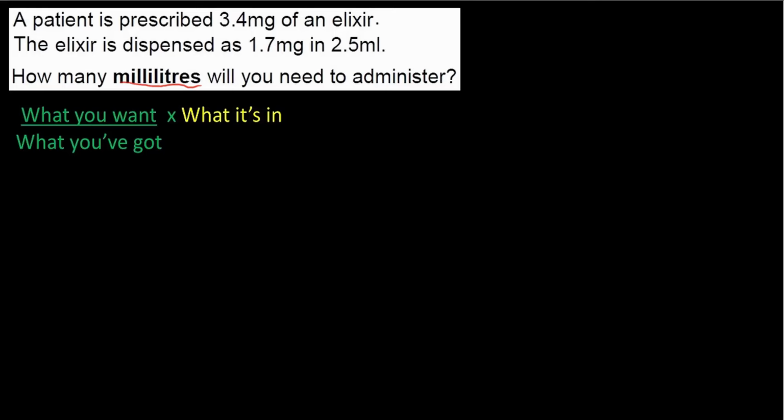But I'd prefer to use this perhaps slightly more intuitive patient over stock times volume. They amount to the same thing, because what you want means what you want to give the patient, what you've got means what have you got in stock, and what it's in means what volume is it in.